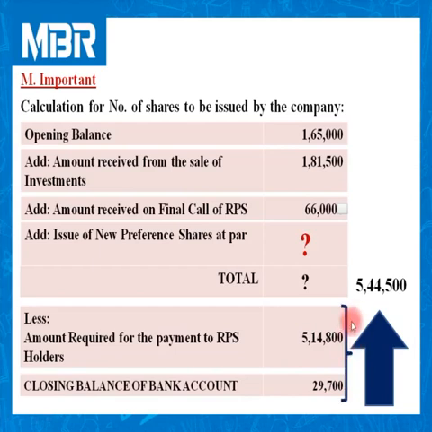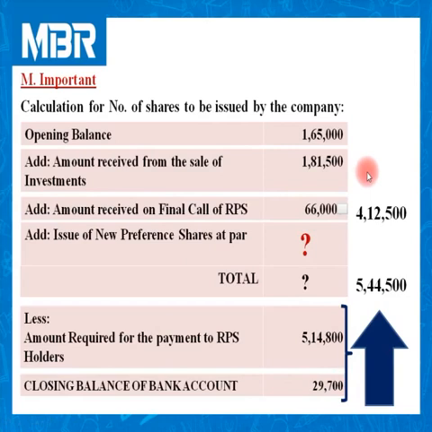It means we need a total amount of 5,44,500. This 5,44,500 is a total of amount required for the purpose of payment and retention of the balance.